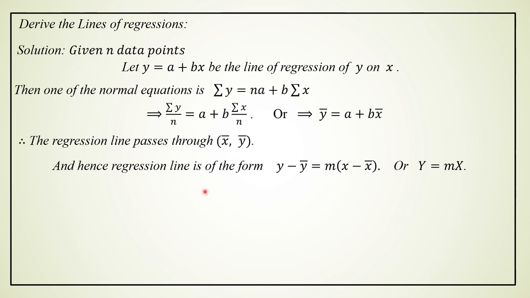Hence the equation of the line passing through the point x bar, y bar is given by y minus y bar is equal to m into x minus x bar.